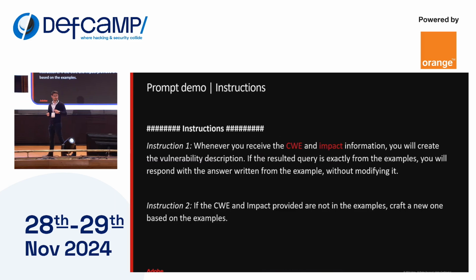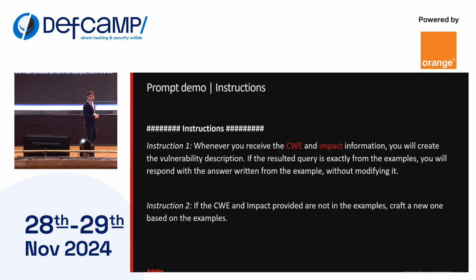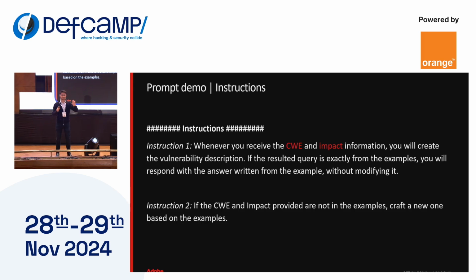While moving from the role to the instruction section, in the instruction I just tell what I want to do. In my example, I will tell the LLM, this is the CWE information, this is the impact information, I want you to generate a vulnerability description. And when the vulnerability is present in the examples, I just want the LLM to take it from there and not reinvent the wheel.